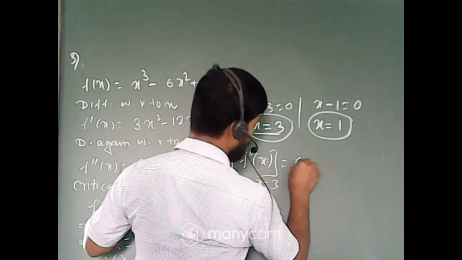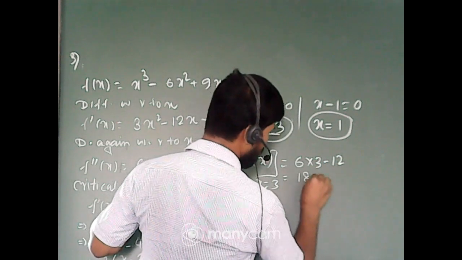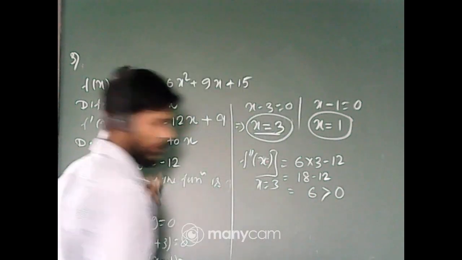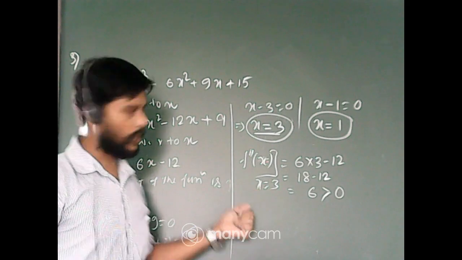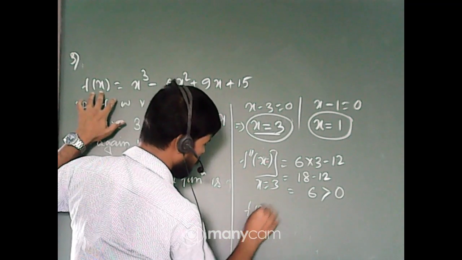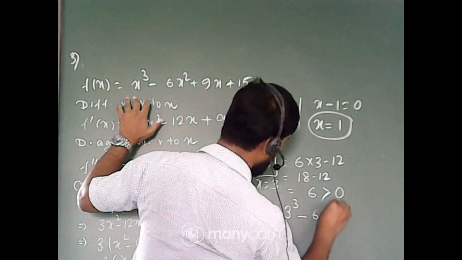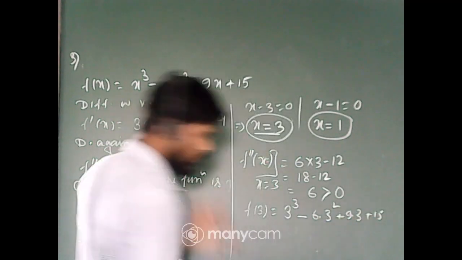So that will be 6 into 3 minus 12. 6 3s are 18 minus 12, that is equal to 6, which is greater than 0. That means the function has a minimum value at x equal to 3. And what is the minimum value? The minimum value will be f of 3, that is equal to 3 cube minus 6 into 3 square plus 9 into 3 plus 15. Do the calculation, and we will have the answer.